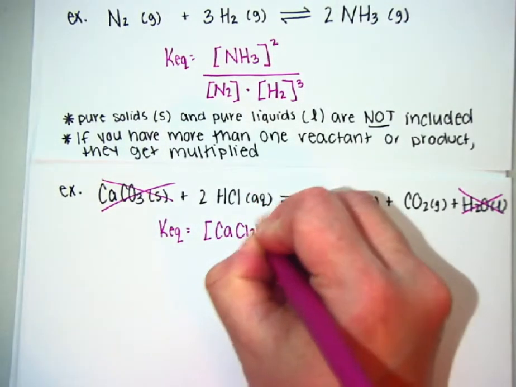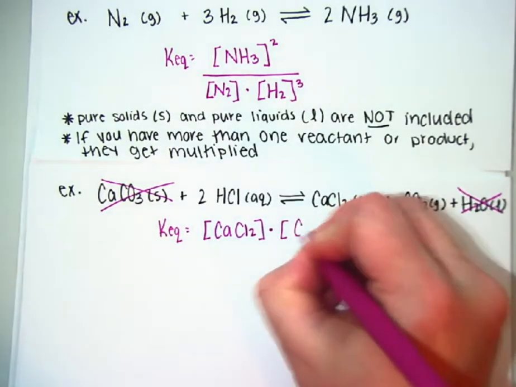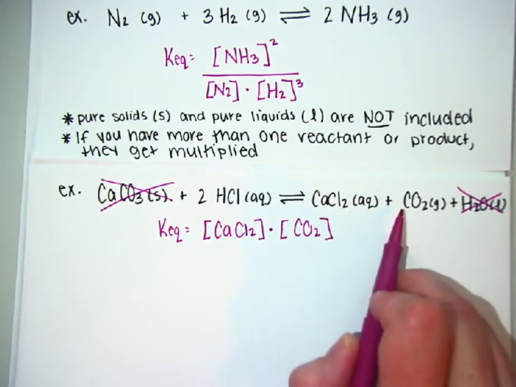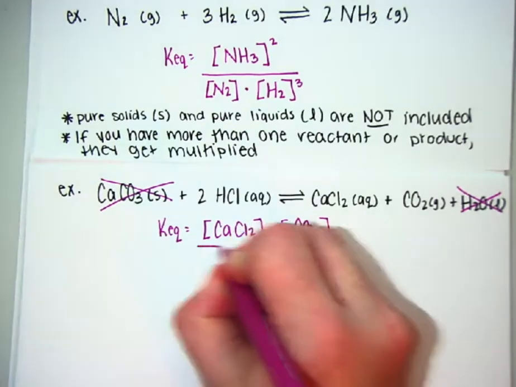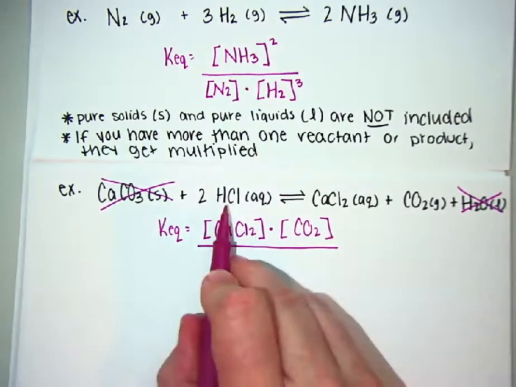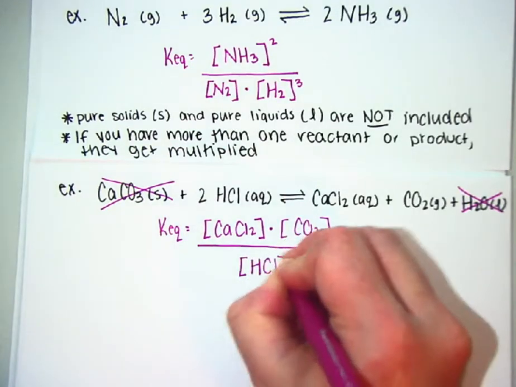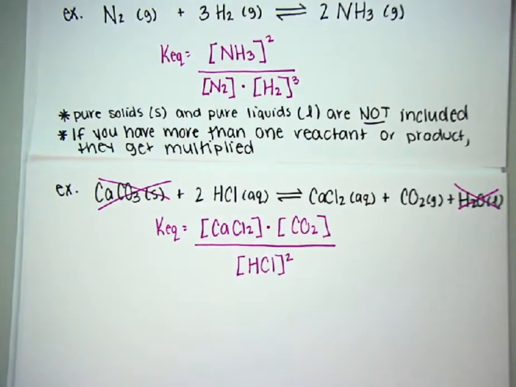I have 2 products, so I'm going to multiply them together. Neither one of them has a coefficient, so no exponent. Products over reactants, my only reactant is hydrochloric acid. Since it has a coefficient of 2, we're going to raise it to the second power.